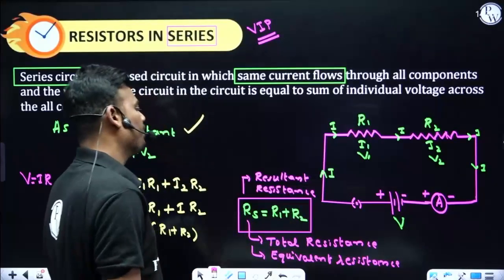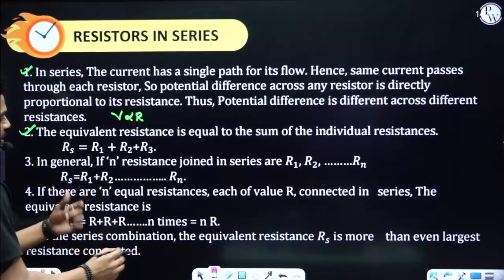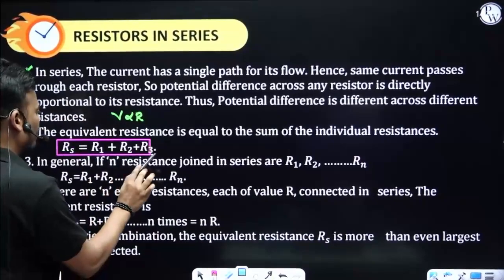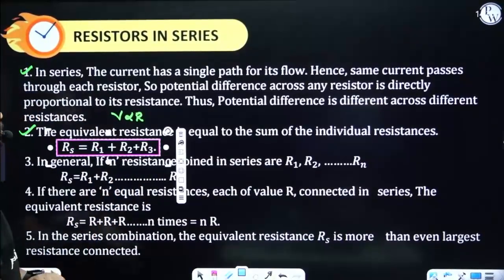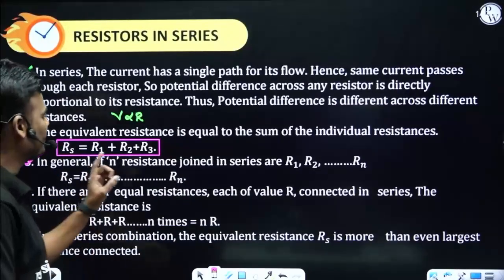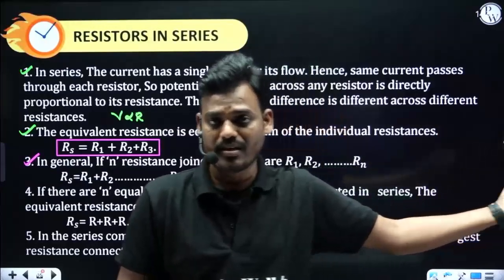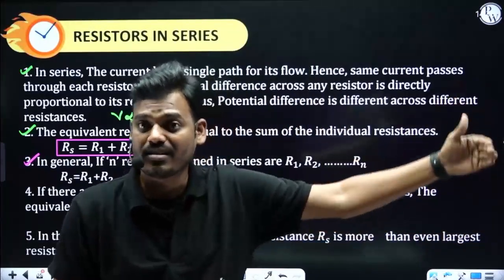Got it? Now, let's move on to the next important point. Rs is equal to R1 plus R2 plus R3. Now, third point. In general, if there are n resistors, here we have used only two, so what if I use n resistors?